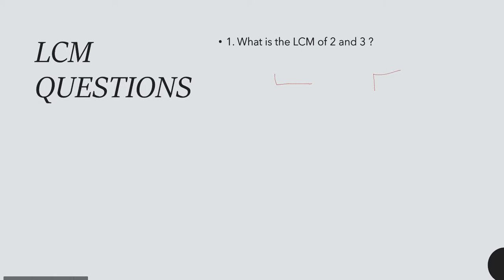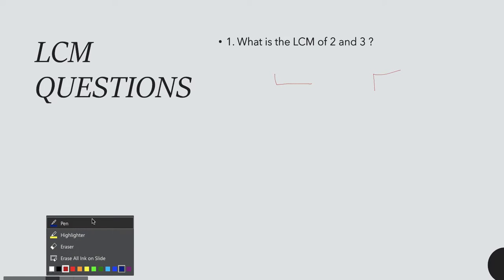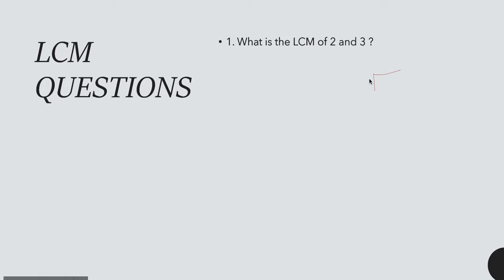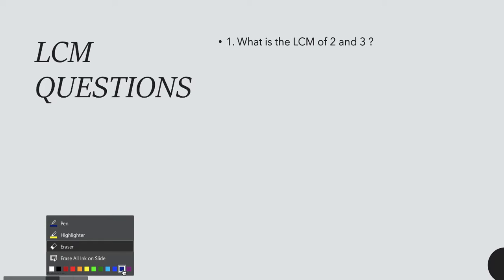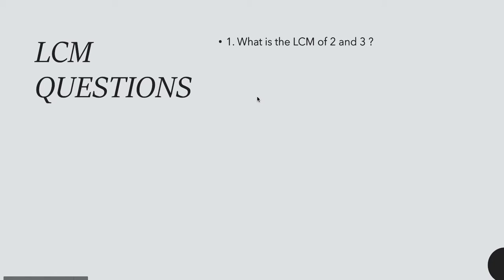So we're first going to look at what is the LCM of 2 and 3. Okay, so I'll just get my pen. So for this, you're gonna draw a diagram similar to what you do when doing the bus stop method or long division, but it's inverted.